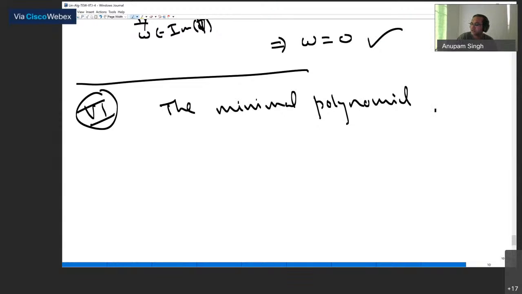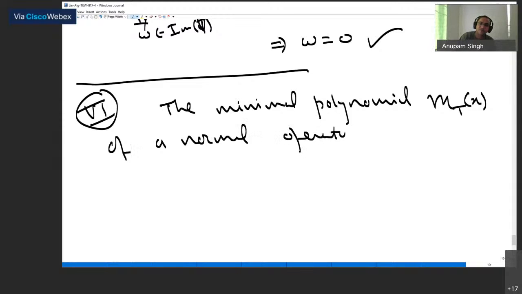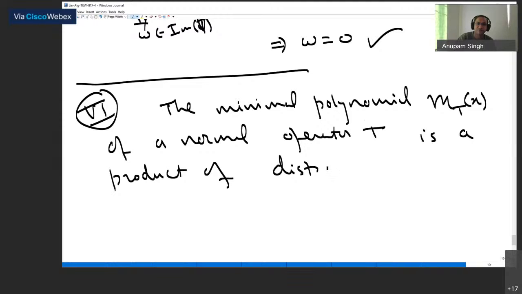the minimal polynomial m_T(x) of a normal operator T is a product of distinct monic irreducible polynomials.